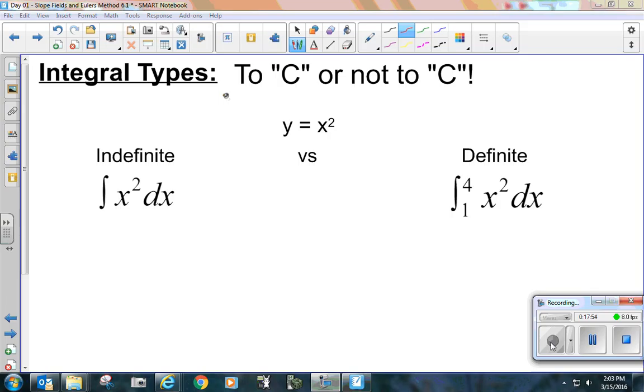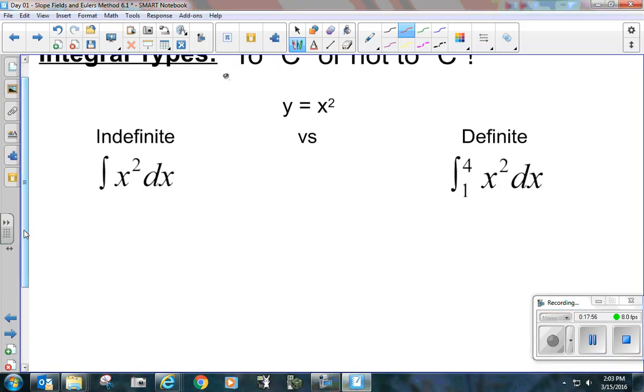So, let's integrate this. What does that turn out to be? Don't take the derivative of it. We're integrating it. I add 1 and then I divide by that, right? So it's x cubed over 3 plus c.